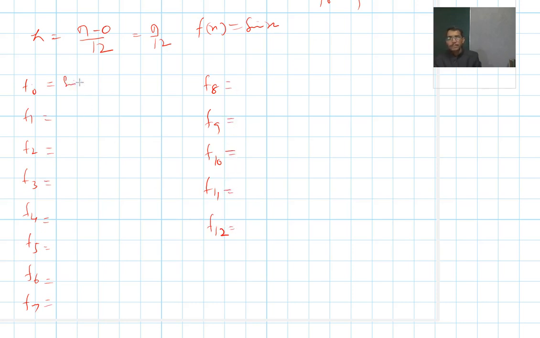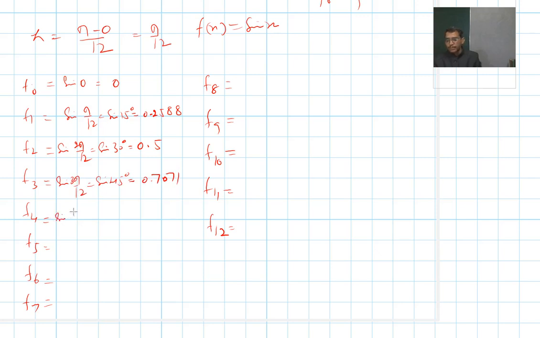So f naught is sine of 0, which is 0, and f1 is sine of pi by 12, which is sine of 15 degrees, and its value is 0.2588. Then sine of 2 pi by 12, which is sine of 30 degrees, is 0.5. Sine of 3 pi by 12 is sine of 45 degrees, nearly 0.7071.